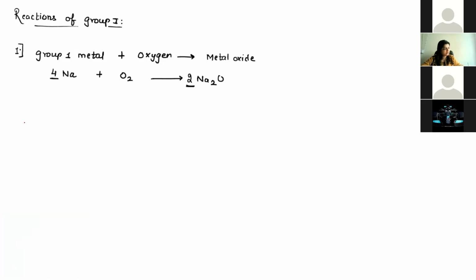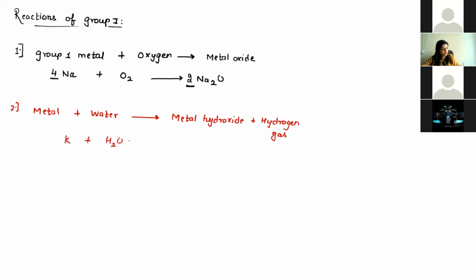Second reaction: metal plus water gives metal hydroxide plus hydrogen gas. So K plus H2O gives KOH plus H2. Hydrogen and oxygen are all diatomic.